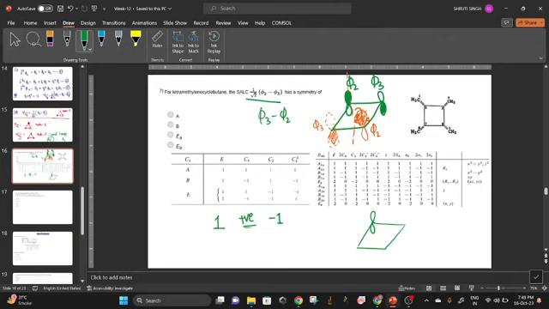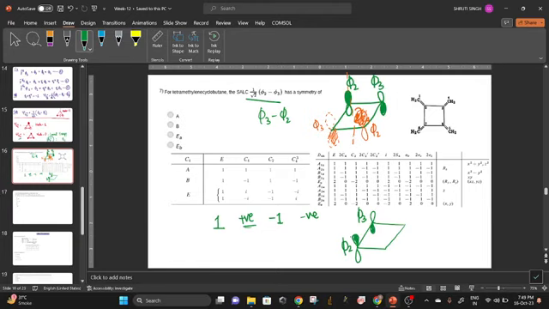So psi 2 will come here, phi 2 and this will be phi 3 down. Now the lobes have got changed, so it will be negative, and they have changed their places, so it will be some number. The character cannot be +1 or -1 here because they have changed their places.